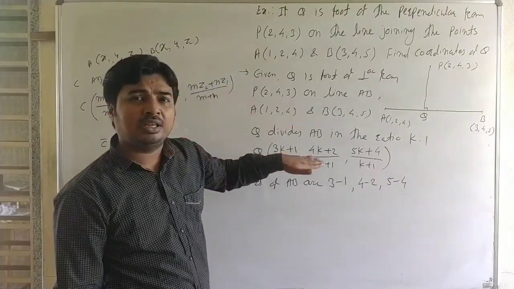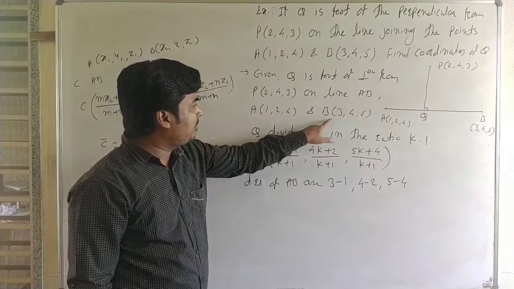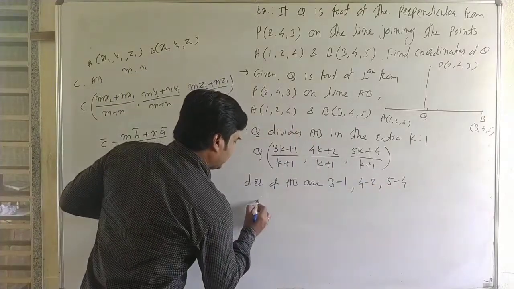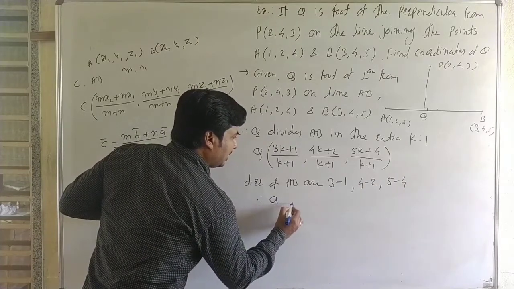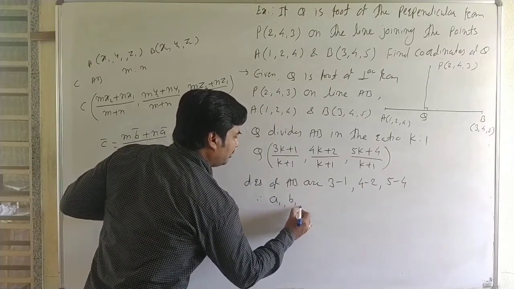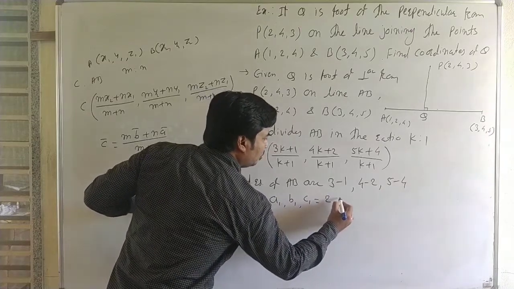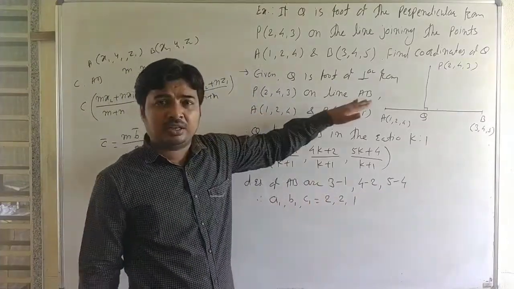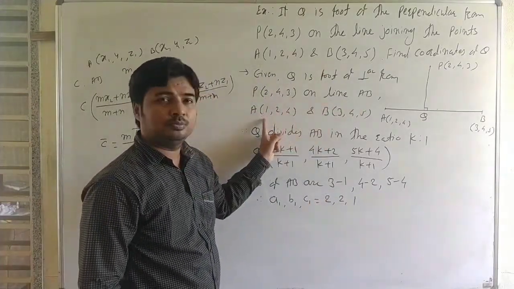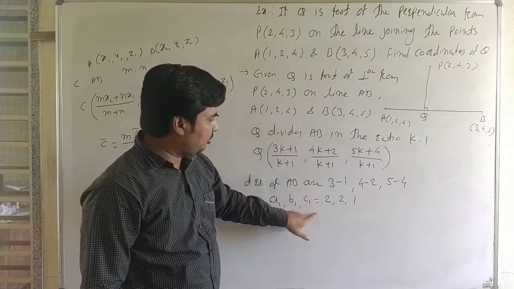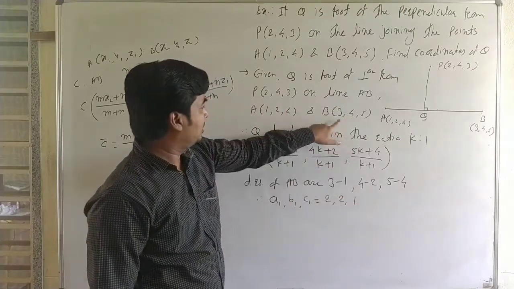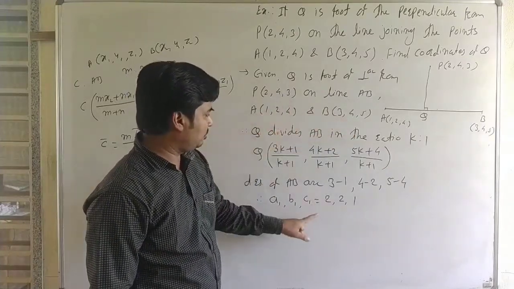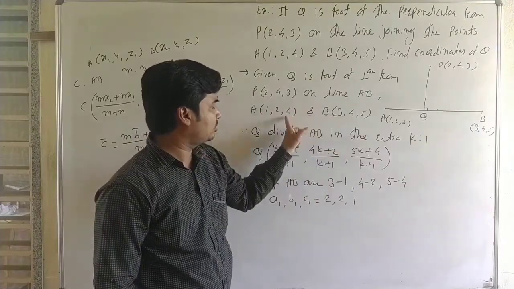हे जर तुम्ही वेक्टर मेथडने काढलं असतं तर काय आलं असतं? b bar minus a bar, the coefficients of i, j and k. Therefore the direction ratios a1, b1 and c1 are 2, 2 and 1. तुम्ही वेक्टर AB तयार करा. वेक्टर AB काय? b bar minus a bar, ते येणार 2i cap plus 2j cap plus k cap: 3 minus 1 is 2, 4 minus 2 is 2, and 5 minus 4 is 1.